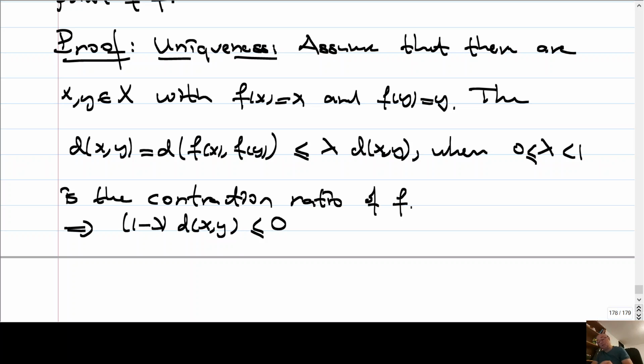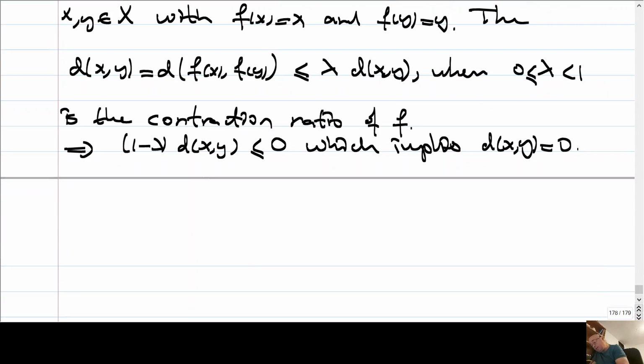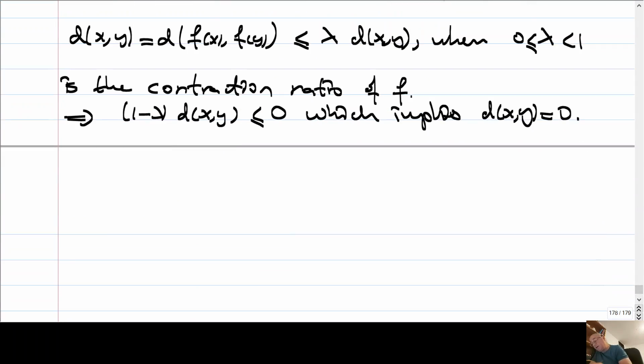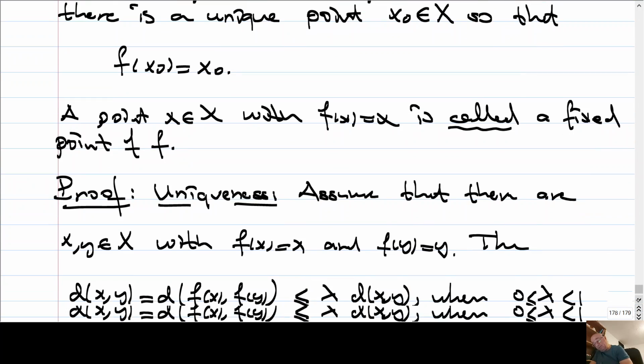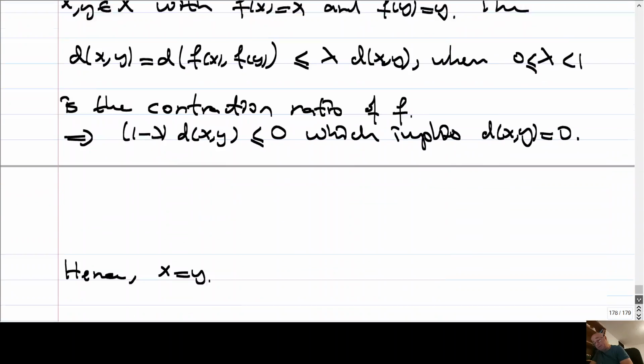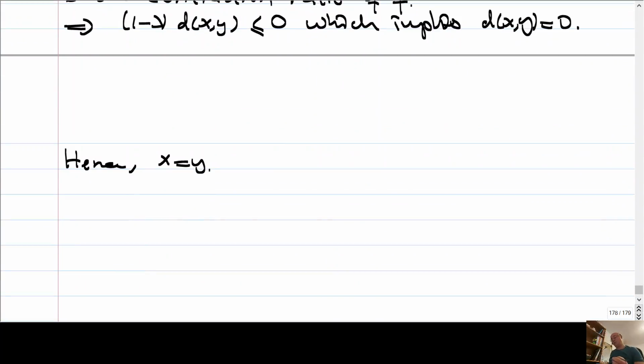That would be a contradiction, which implies d(x,y) equals 0. But we know that in a metric space, if d(x,y) is 0, then x equals y. So what we have seen is that if I have two fixed points, they are actually the same. Therefore, we can have at most one fixed point. I think this answers your question, right?